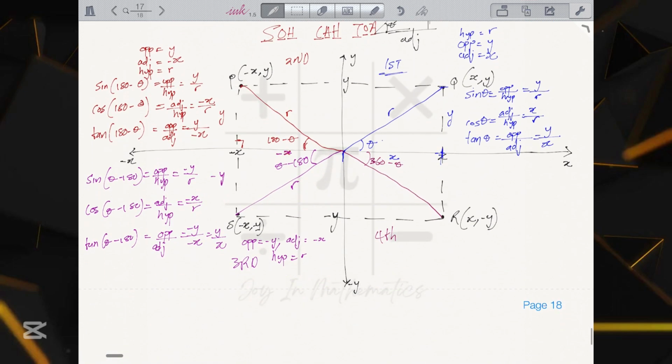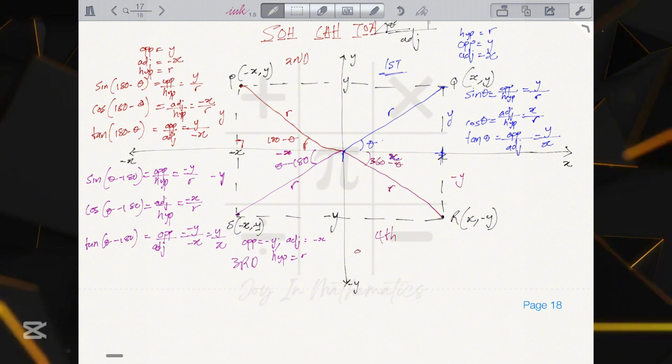Now, in this case, we have our opposite, which is the line facing the angle, to be minus y, because it's in the negative direction. Similarly, we have our adjacent to be x, and our hypotenuse is r.